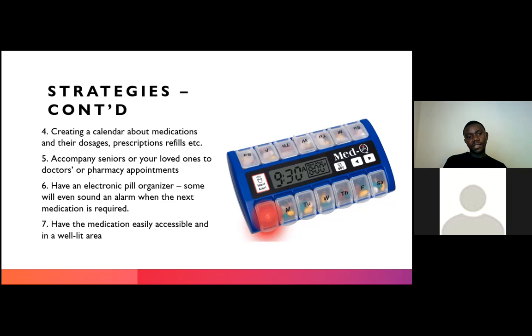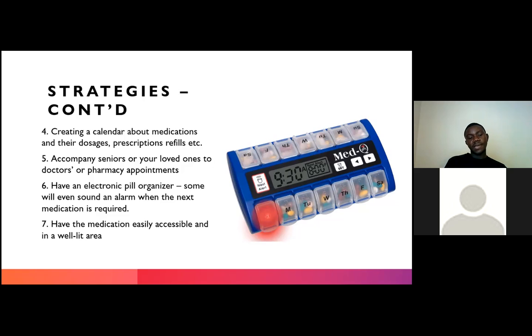You can use an electronic pill organizer as shown in here. This one sounds an alarm on when to take the medication or when the medication is required. And you can see it has Monday, Tuesday, Wednesday, Thursday on there, and the number of pills that need to be taken.